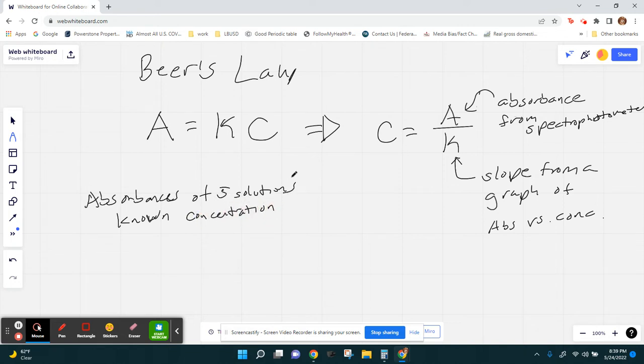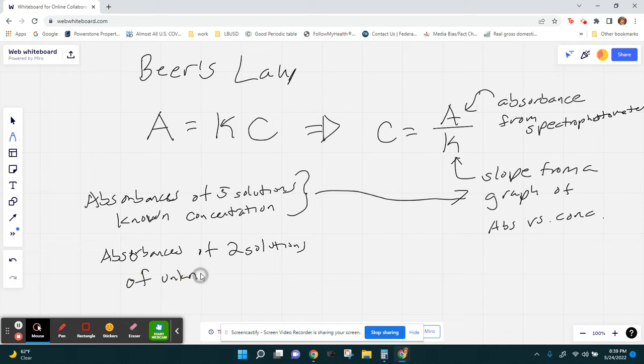And you're going to use those to make the graph, so you can come up with the slope. Then you have absorbances of 2 solutions of unknown concentration.